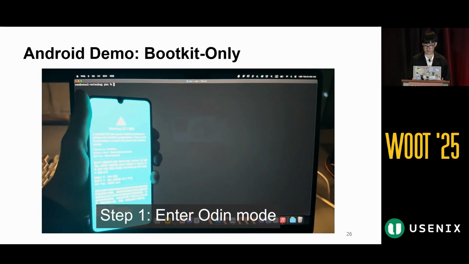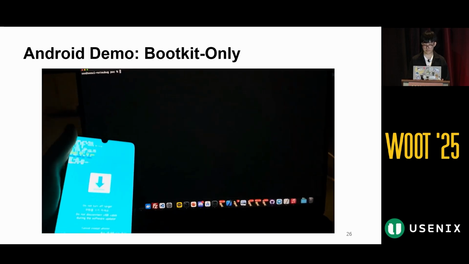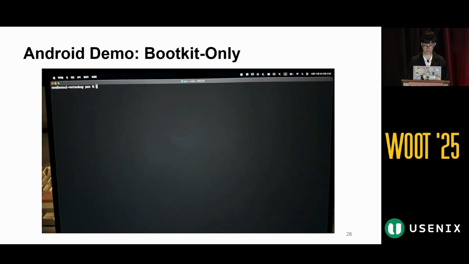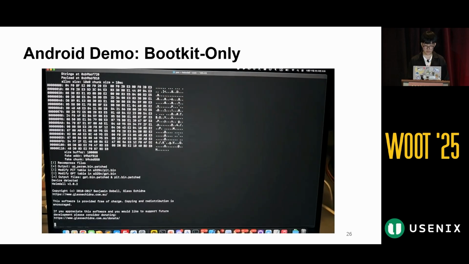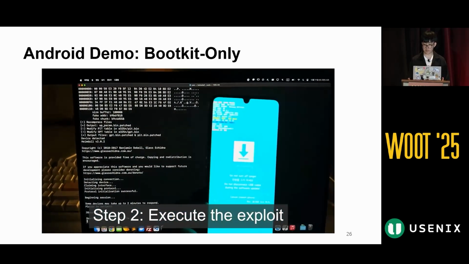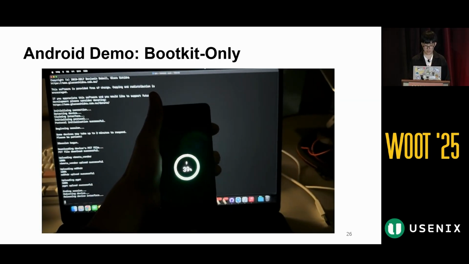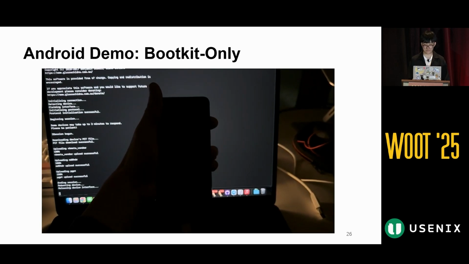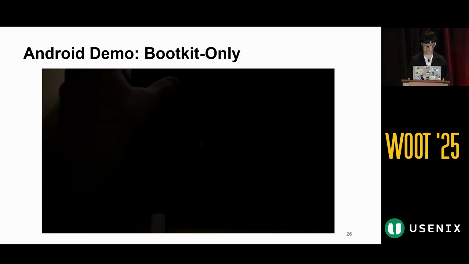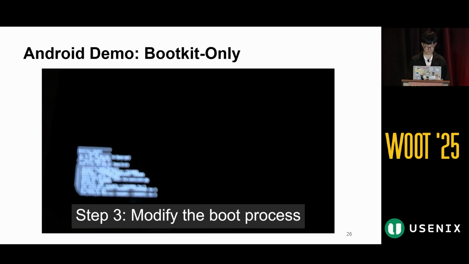The device is connected to the computer and enters Odin mode. The attacker exploits a bootloader vulnerability to install the bootkit on the boot partition. The system reboots, and the modified boot process executes.